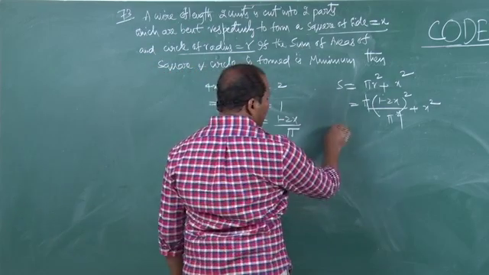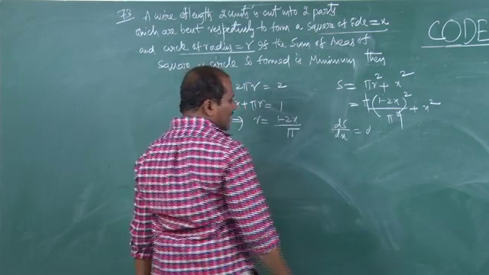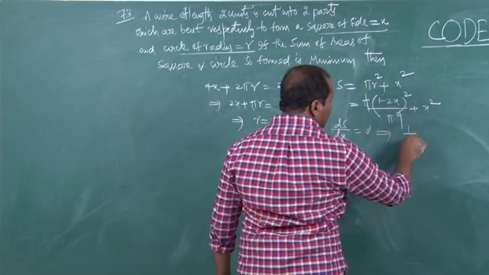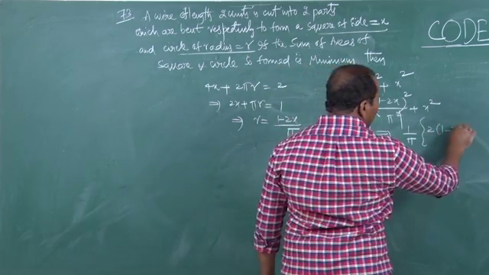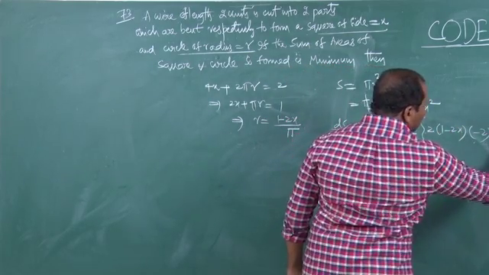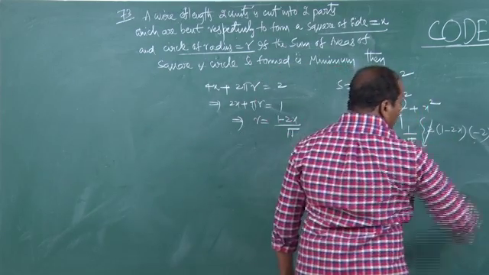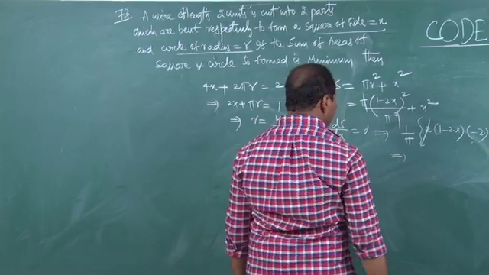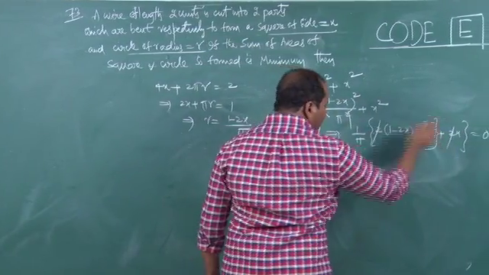For this s we have to find the minimum value of s. For maximum or minimum, ds by dx is equal to 0. So, use that concept: ds by dx equal to 0 implies 1 by pi multiplied by the derivative of this, 2 into 1 minus 2x into minus 2, plus 2x is equal to 0. On both sides take 2 common and cancel. The 1 by pi is only for this term, and the remaining derivative is 2x.